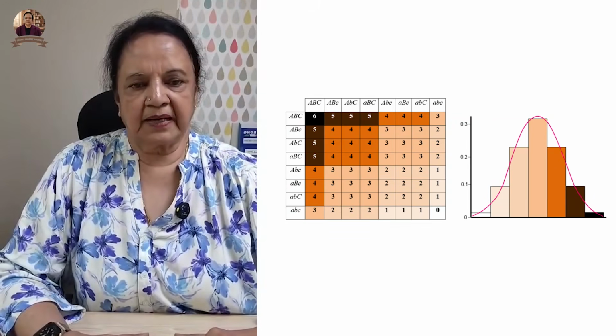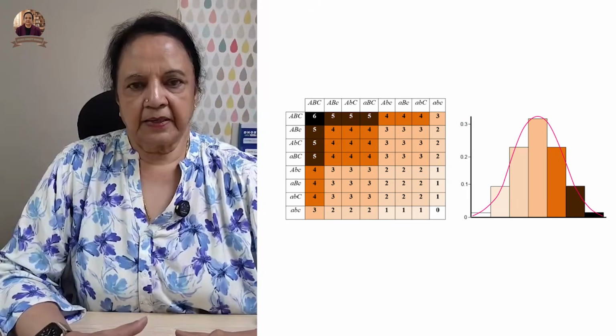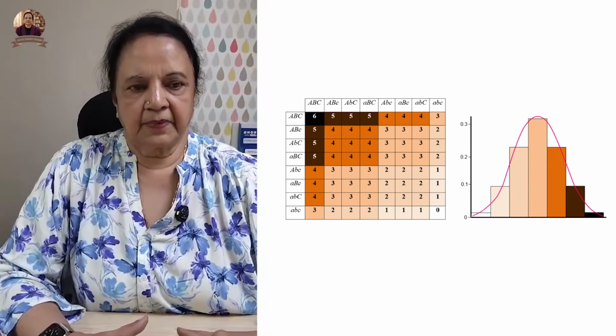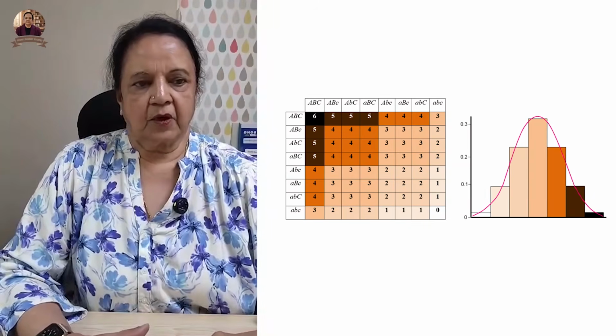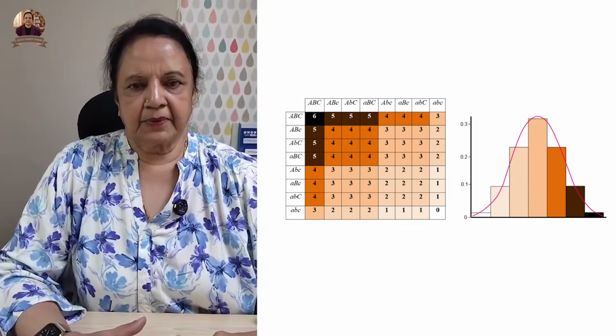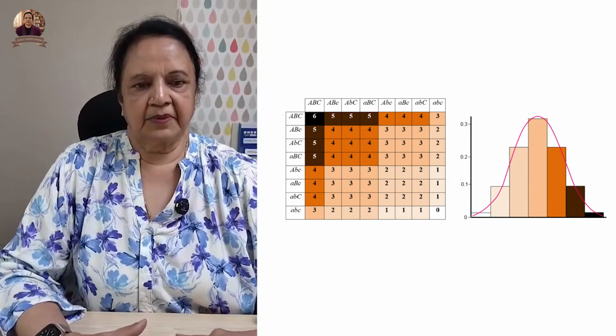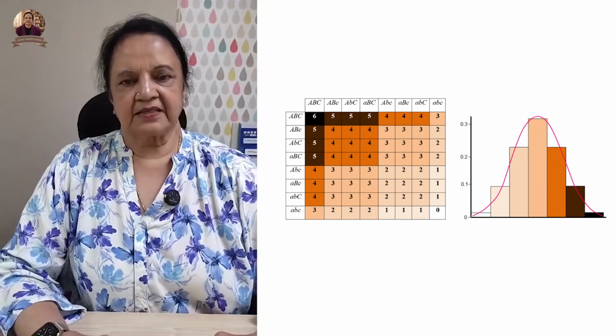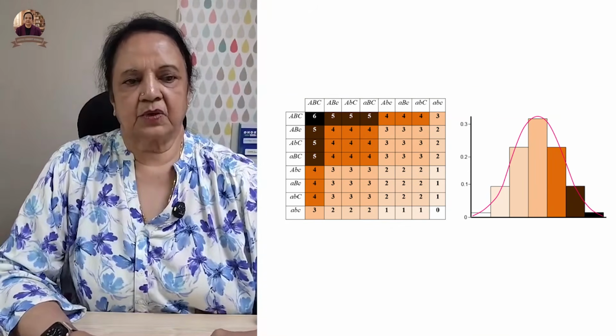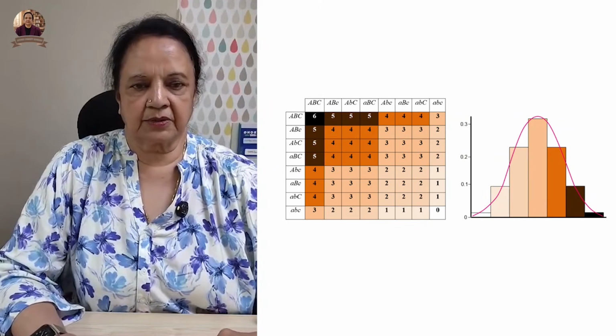It is controlled by three genes, capital A, capital B, and capital C, located at different loci. The dominant alleles, that is capital A, capital B, and capital C, contribute melanin, while recessive alleles, small a, small b, and small c, do not.